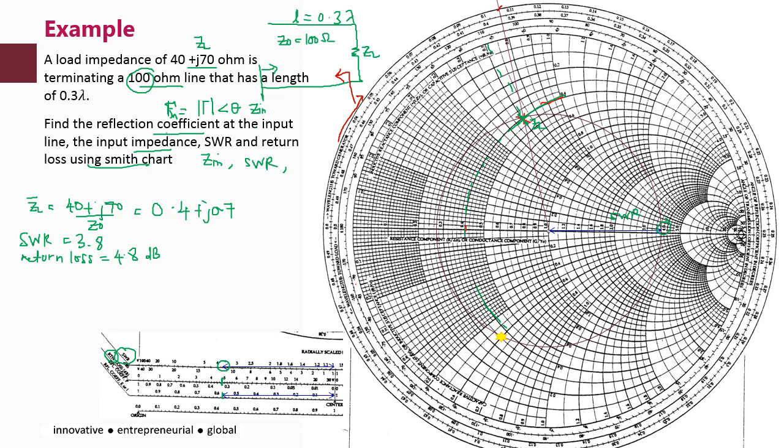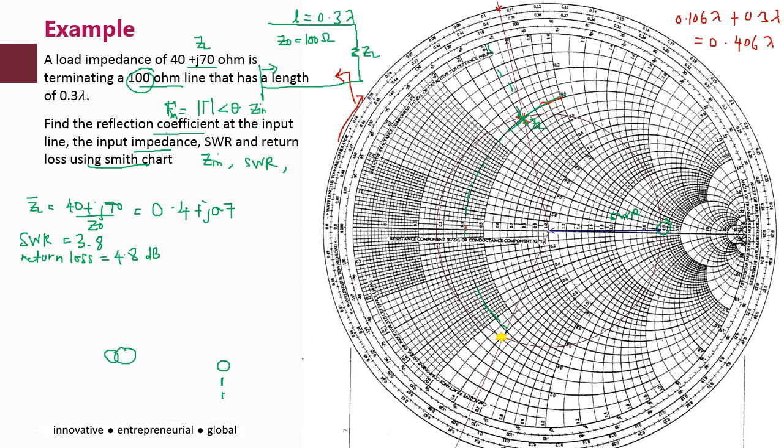The current position is 0.106 lambda, and then you add the length, 0.3 lambda, so you get 0.406 lambda. Find 0.406 lambda, so 0.4, 0.41, here, then draw the line and find its intersection with the SWR circle. This is your Zin.